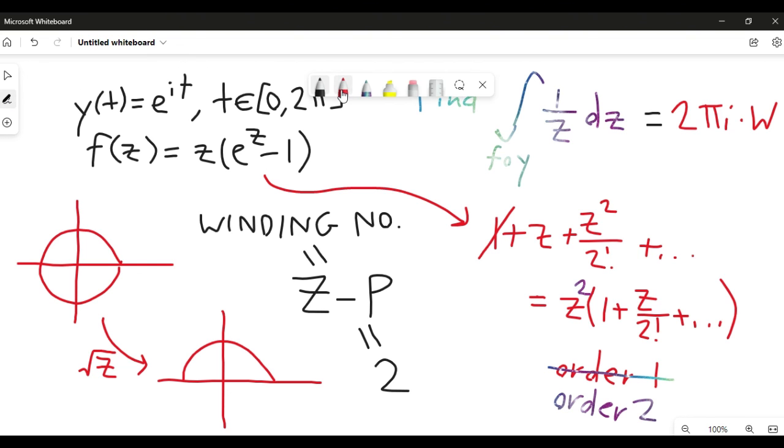So I think my answer is that this integral is equal to 2 pi i times 2, because the winding number is equal to Z minus P. We figured out that there's a 0 of order 2, which gives me that this is 2. And so this is actually just equal to 4 pi i. And that's it.